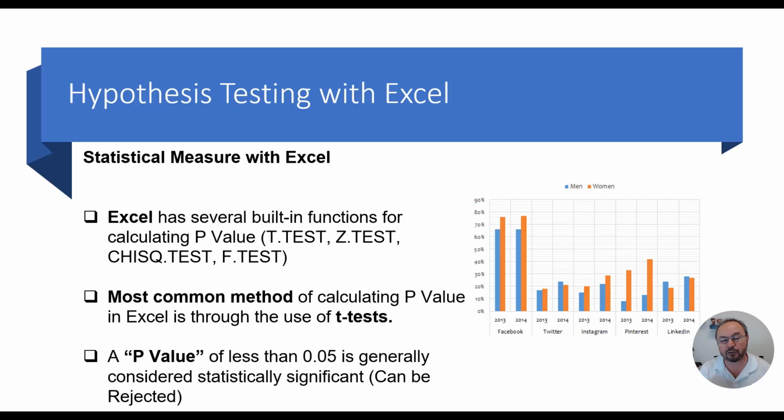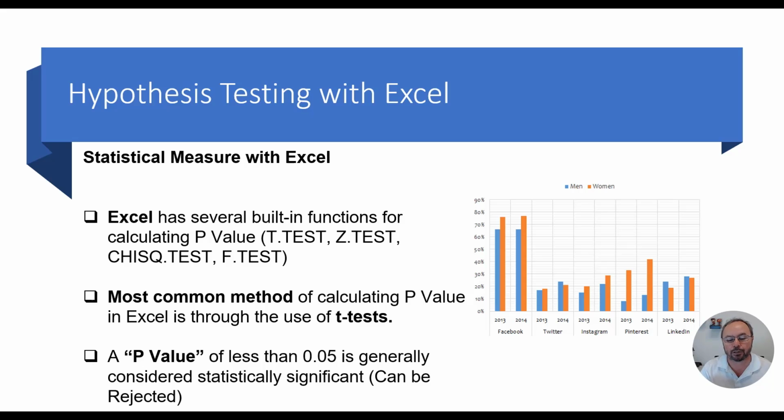That would be the t-test, the z-test, what's also known as chi-squared, so the CHISQ, and the f-test as well. When it comes to the most common method of calculating p-value in Excel, we're typically going to want to use the t-test. It's the simplest and most direct, and in most cases will do the job.